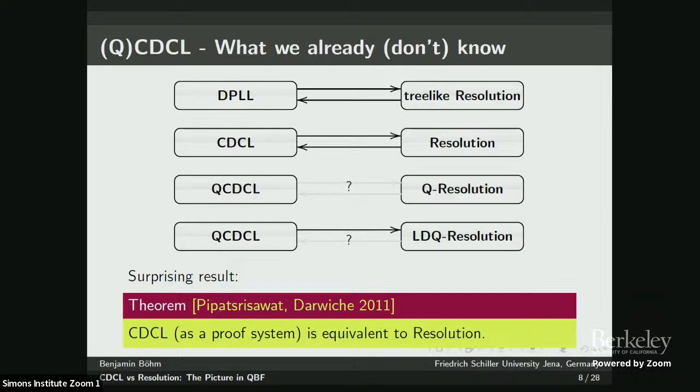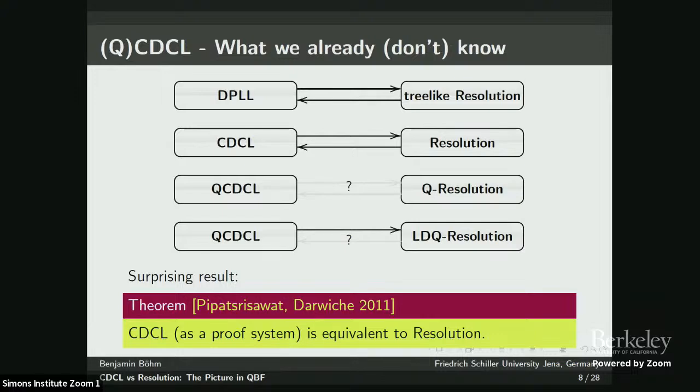Then in the SAT case and CDCL, you have also seen that you can extract resolution refutations. But a surprising result from 2011 showed that the other direction is also true. So you can basically extract CDCL runs out of a given resolution proof. That's pretty crazy, I would say. So therefore, you could say that CDCL, if you interpret it as a proof system, is equivalent to resolution.